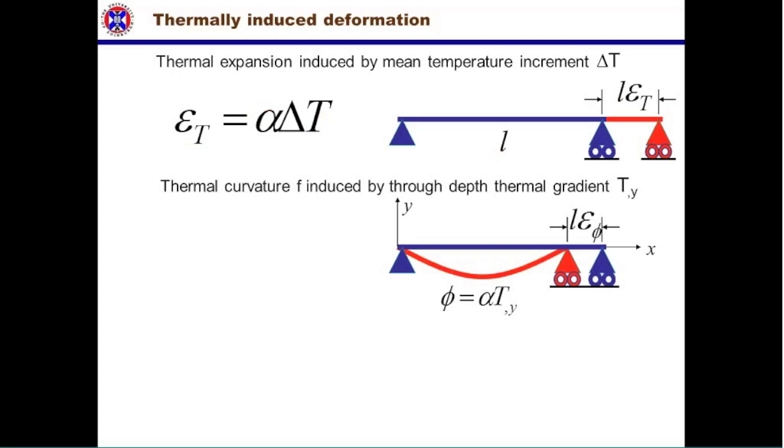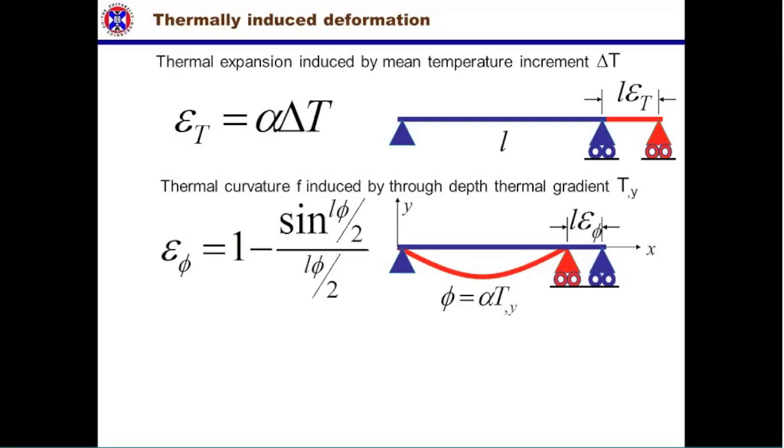Alpha is the coefficient of thermal expansion, and T comma Y is the gradient. And you can determine the shortening of the beam, or the movement of the support towards the left, through that formula if you wanted. But what happens in real structures, of course, is that these two things happen together. You have some mean temperature increase and you also have a thermal gradient.